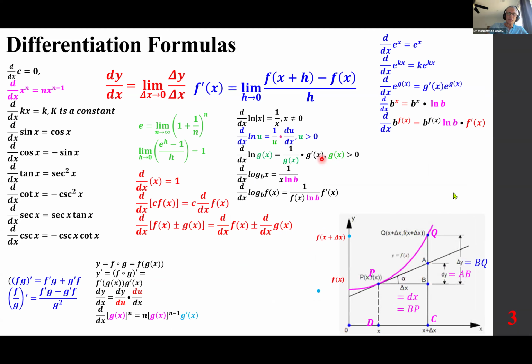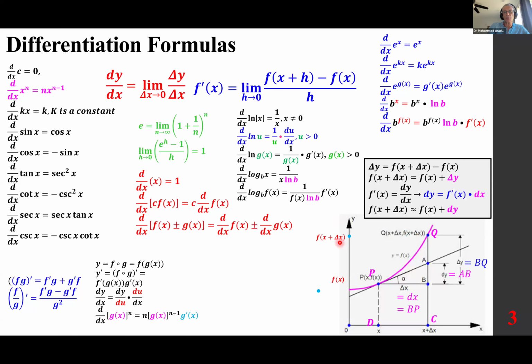And now if you have a function y equals f of x and you have 2 points P and Q, the run, or delta x, or dx, along the x-axis, and the rise, it's either along the curve, which we call delta y, which is f of x plus delta x, minus f of x.